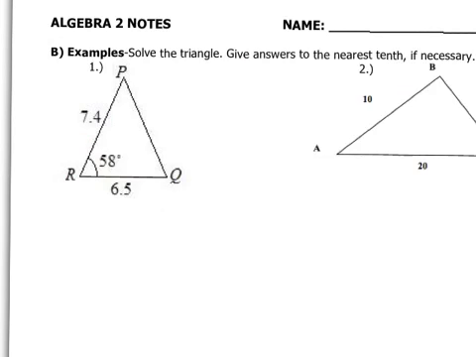All right, in these two examples, we are asked to solve the triangle. That means, again, find any missing side lengths and angle measures. All of your answers to the nearest tenth.